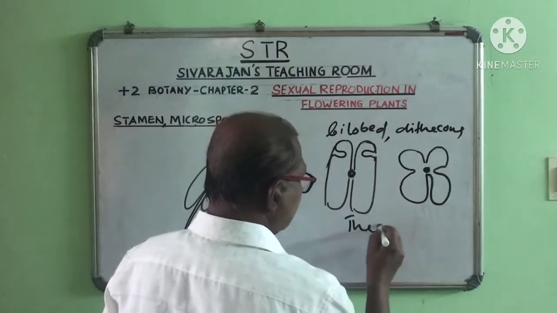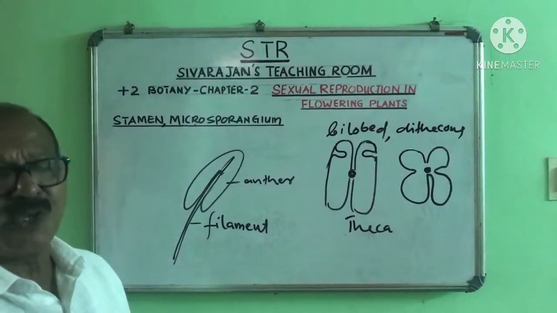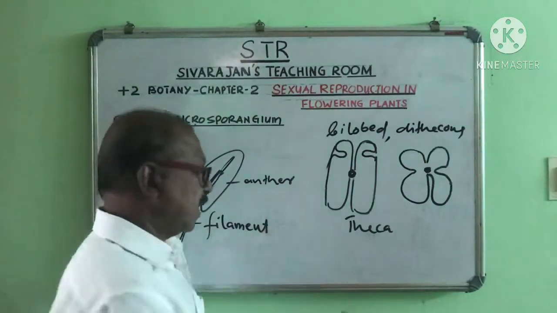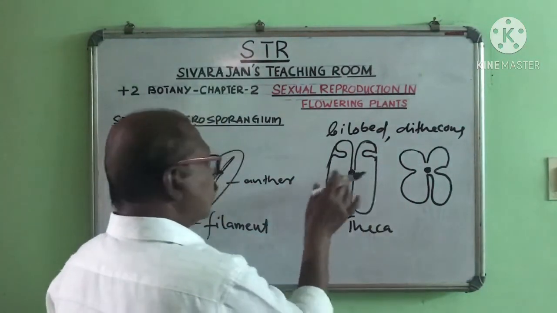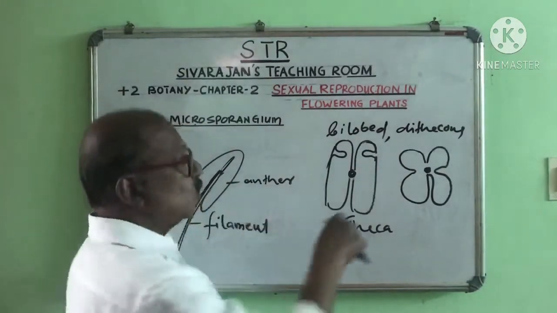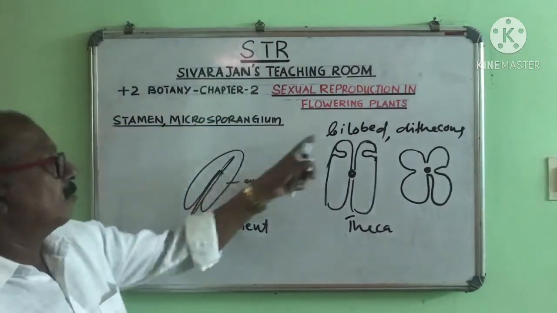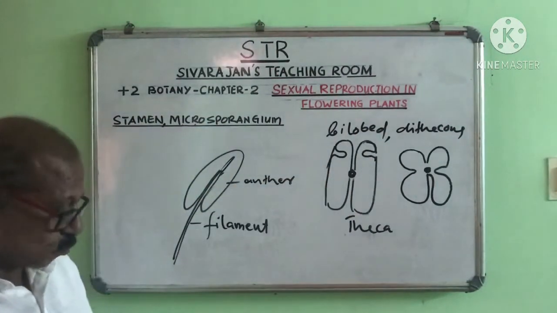Theca, T-H-E-C-A, means cavities or capsules or compartments. So it has two lobes, so it is bilobed, and each lobe has two theca, so it is called dithecous. So an anther is bilobed and dithecous.